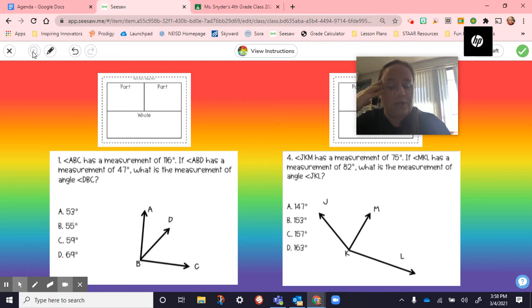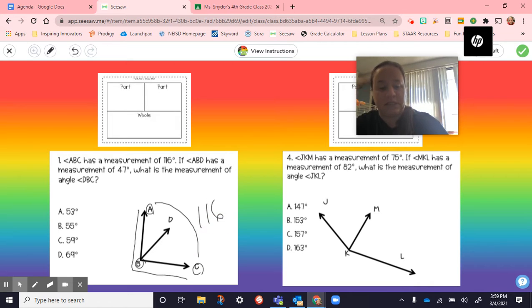So be careful. So it says A, B, C. So here's A, B, C. So notice that the whole angle here has a measurement. So this whole thing right here is 116. So that whole thing, 116. All right, then ABD. So here's ABD.